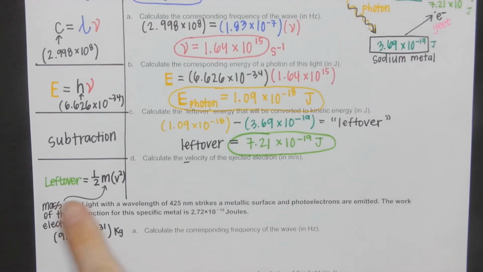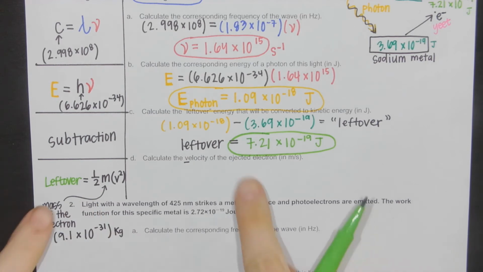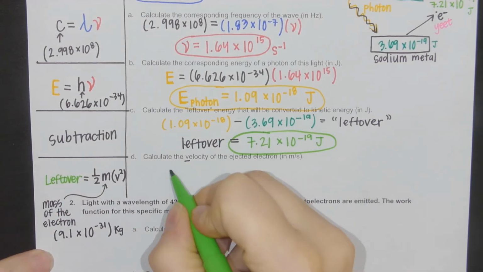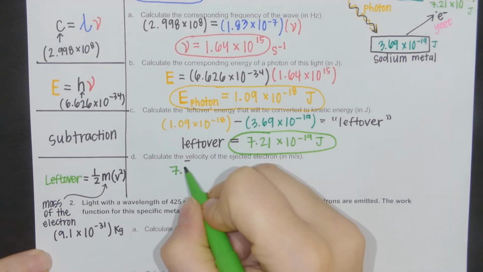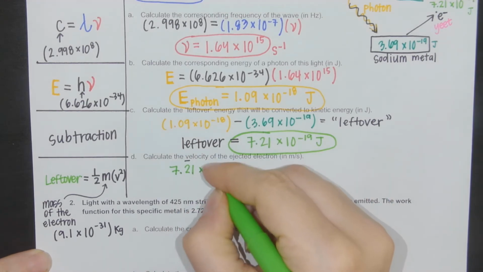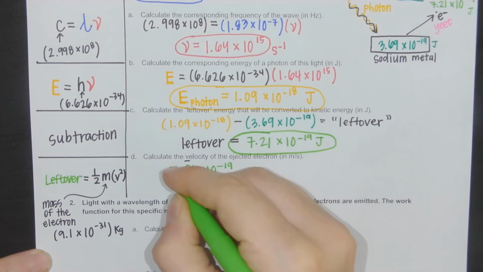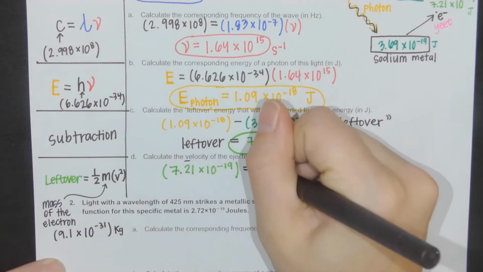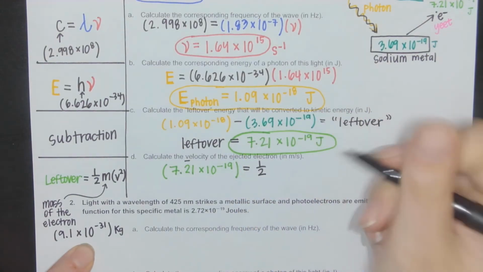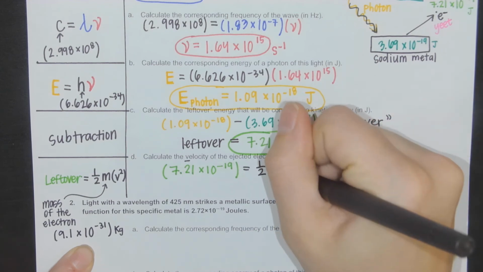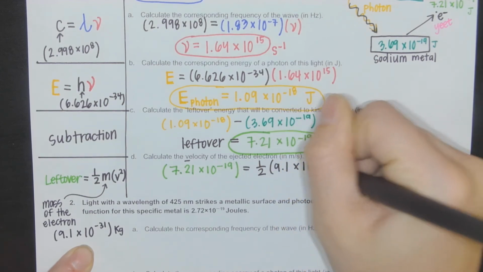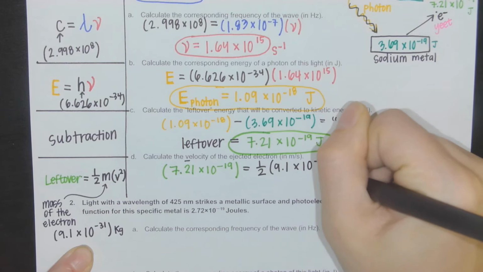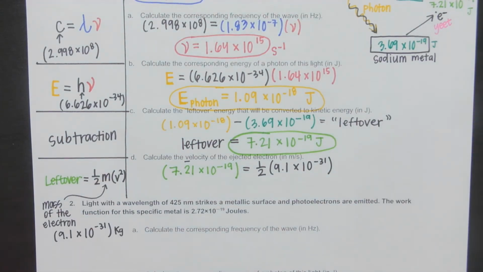Okay, so leftover equals, let me bring down leftover, 7.21 times 10 to the negative 19. Leftover equals 1/2 the mass of the electron and the velocity squared.